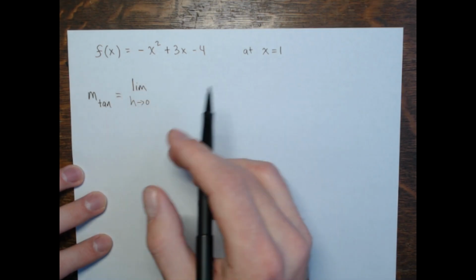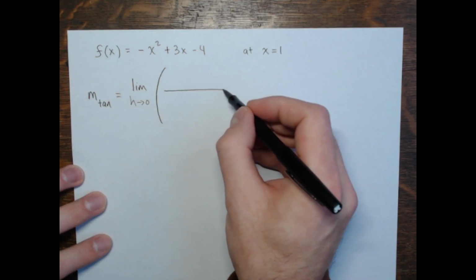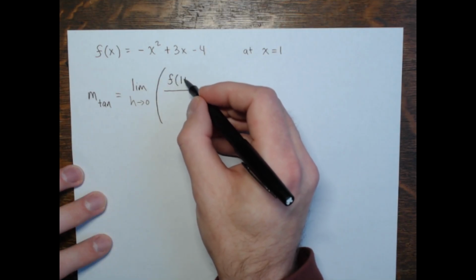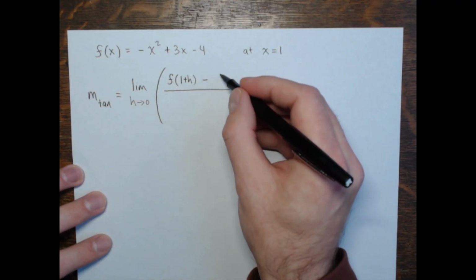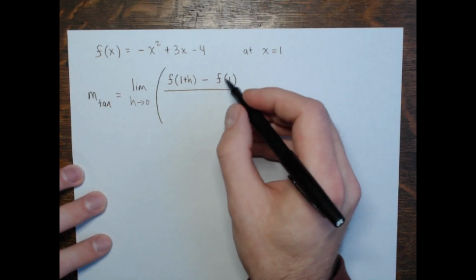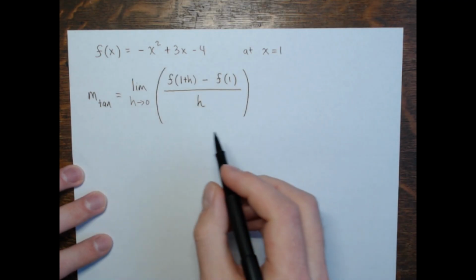So that 1 plus h will get closer and closer to 1. And then the slopes of our secant lines, you'd have the value of f at 1 plus h minus the value of f at 1, so there would be the rise of a secant line, and then the run would just be this h.